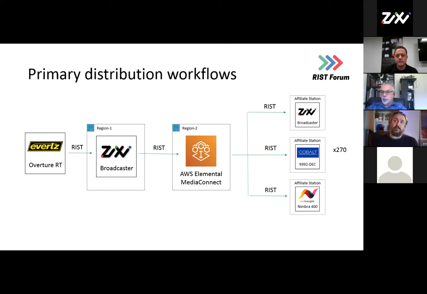If you're a broadcaster that's using RIST for this type of workflow, it's about the reliability. Obviously latency is important, but the key driver here is my content has to arrive at those affiliated or owned and operated stations across a large number of DMAs. I mean, typically we see most stations, in the US at least, are talking to at least 270.